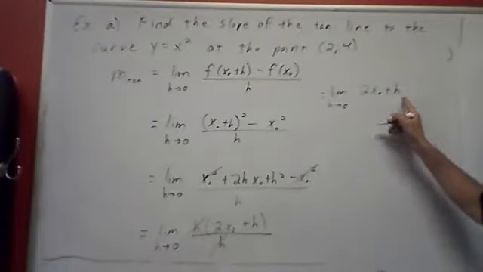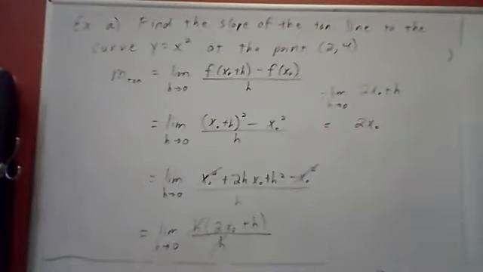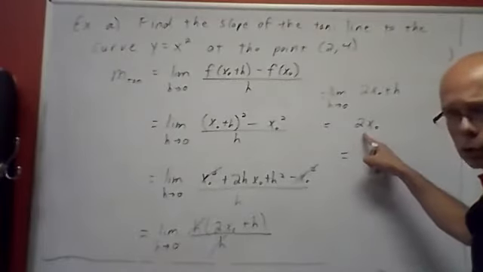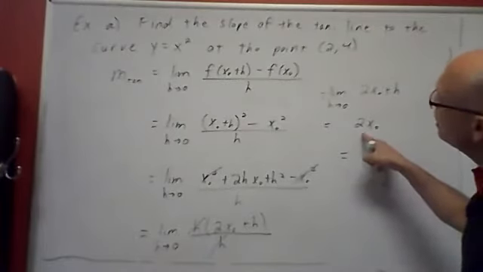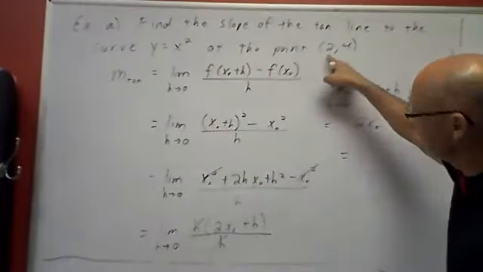Now evaluate this at 0. So you get 2x naught. Now let's think about this for a second. 2x naught. Have that portion. But they tell me to find the slope of the tangent line to this curve at this particular point.